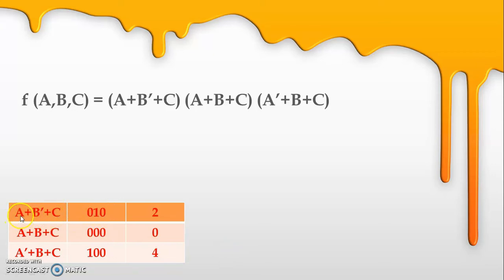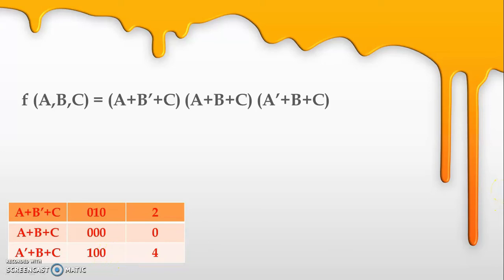So the first condition, A + B' + C, gives 0, 1, 0, and the decimal equivalent is 2. For A + B + C, all literals are uncomplemented, so we write 0, 0, 0, and the decimal equivalent is 0. Again, A' + B + C can be written as 1, 0, 0, and the decimal equivalent is 4.